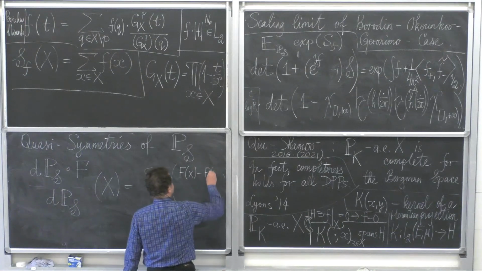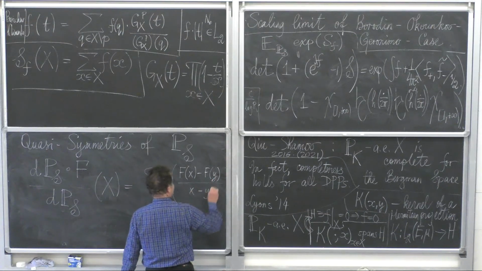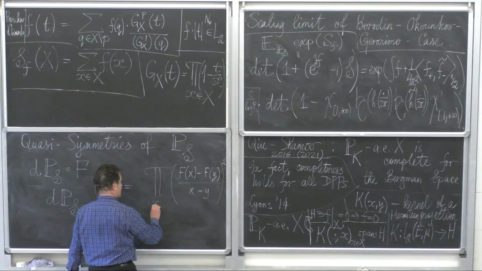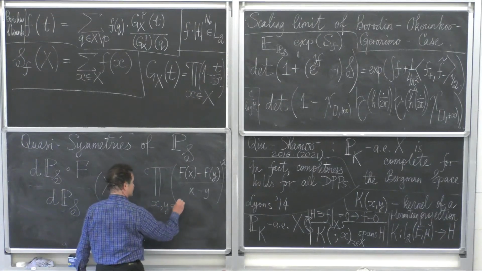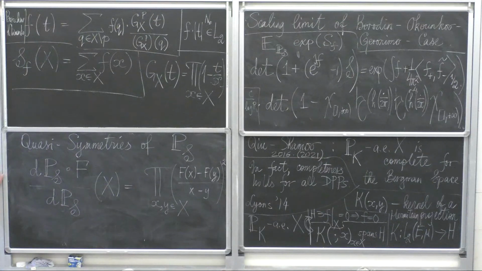And the Radon-Nikodym derivative is the following multiplicative functional over pairs of particles. Here it is. It is possible to give sense to this expression and so on, and to estimate the moments and so on.